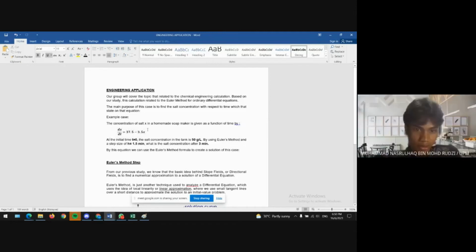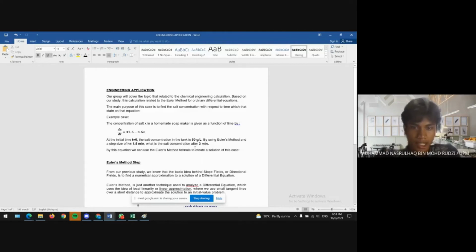The concentration of the salt in a homemade soap maker is given as a function of time by the equation ds over dt equal to 37.5 minus 3.5x. This example states that at the initial time t equal to 0, the salt concentration in the tank is 50 gram per liter.